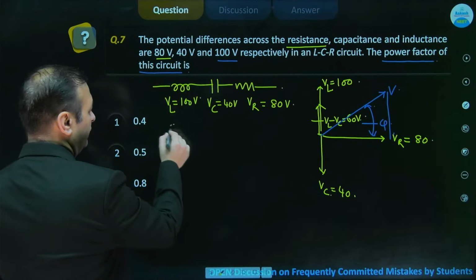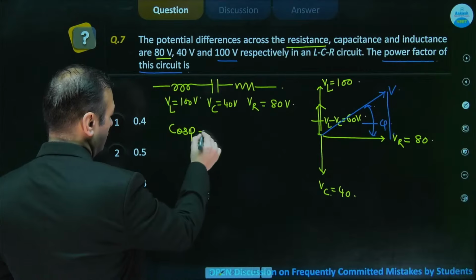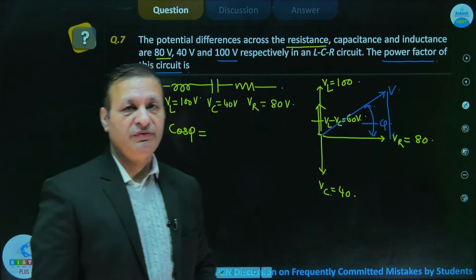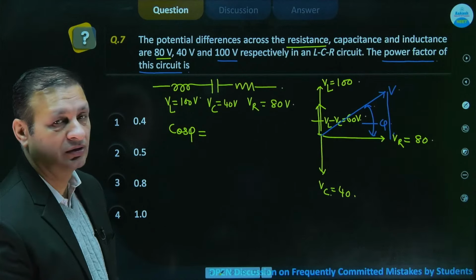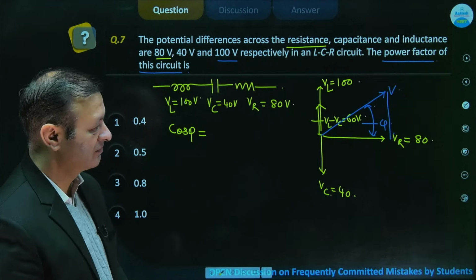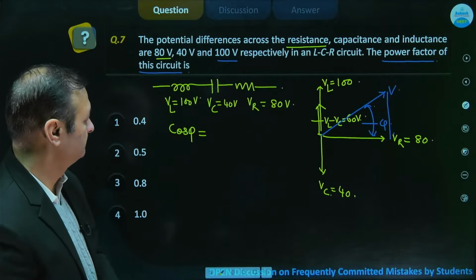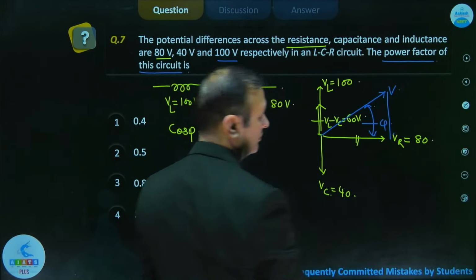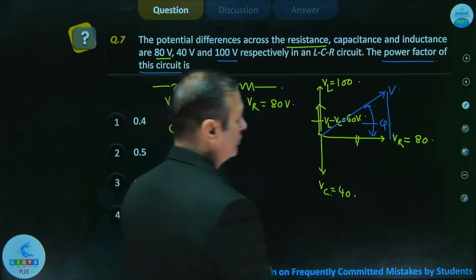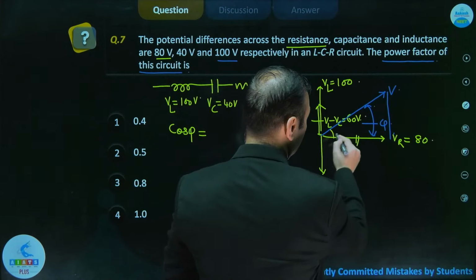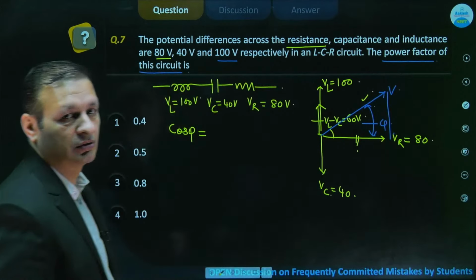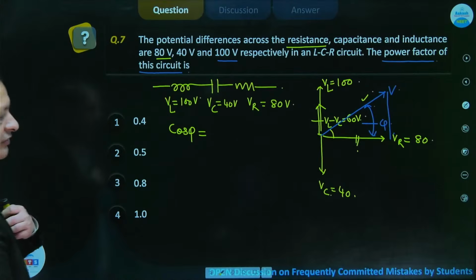Now, power factor we know is cos phi, where phi is the angle with which EMF is leading with respect to current. Now cos phi is what? So look at this triangle. So this is phi. So cos phi is base by hypotenuse. You got it or not? So what is the base?